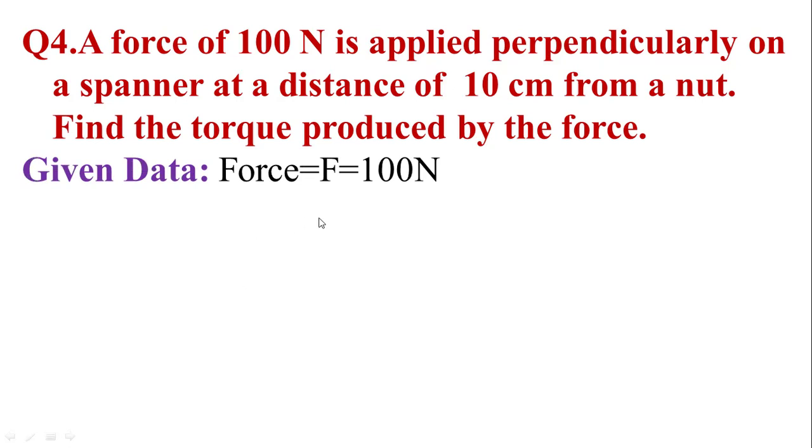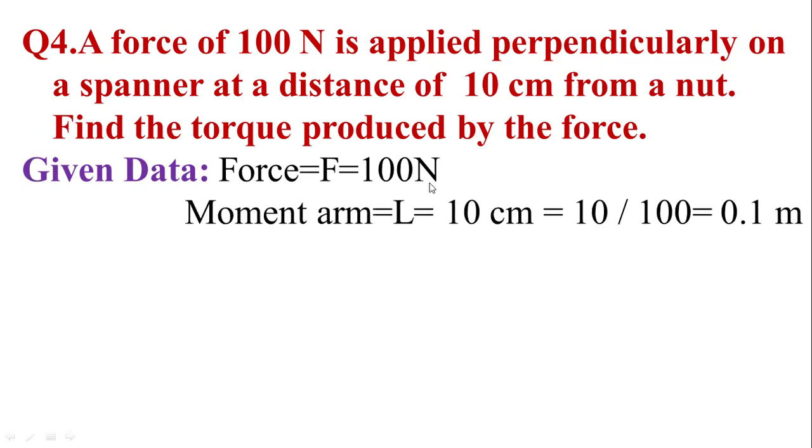Force F is equal to 100 Newton, and the perpendicular distance on the spanner is called the moment arm, denoted by L. L is equal to 10 centimeter. Convert the centimeter into meter: 10 divided by 100 is equal to 0.1 meter.